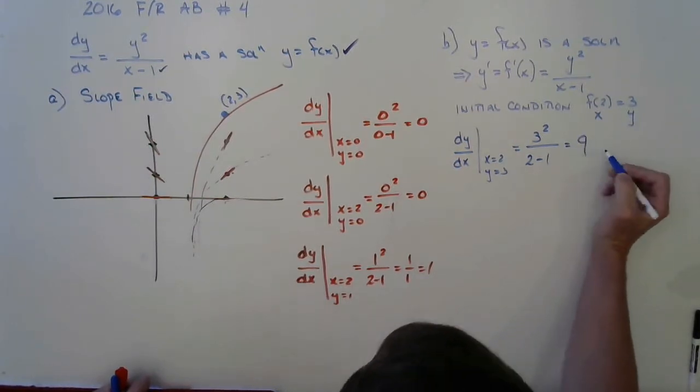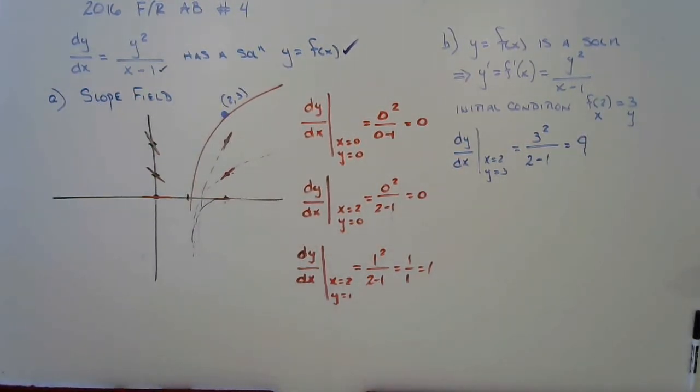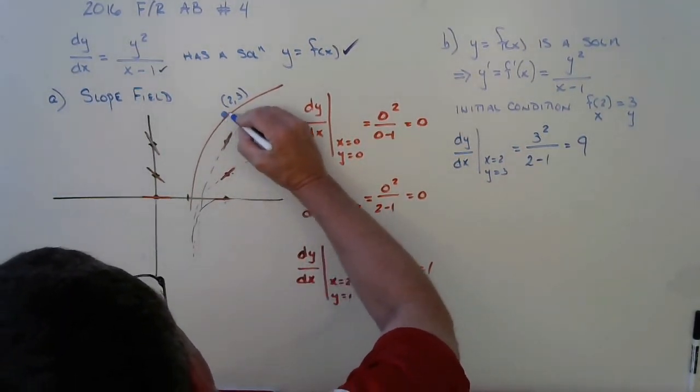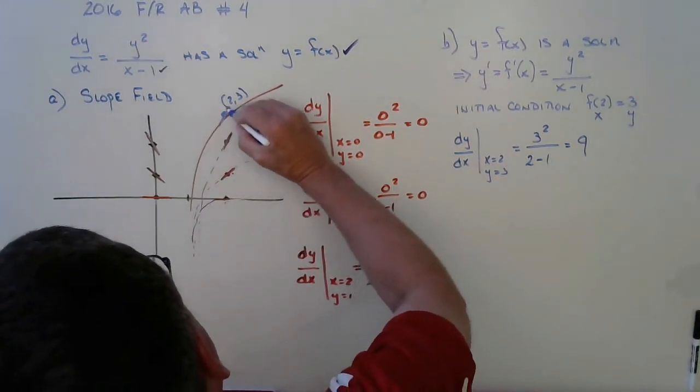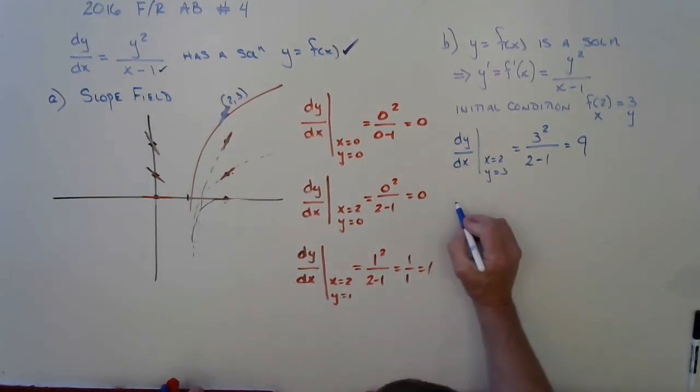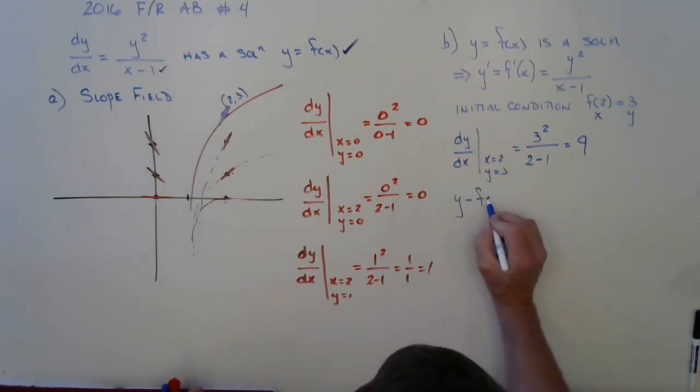That's going to be 9. So right there, my slope is going to be 9. So my red line really should be steeper because right here my slope is 9. It's almost straight up and down. Now it says, find the equation of the tangent line. Well, you and I know the formula for the equation of the tangent line.